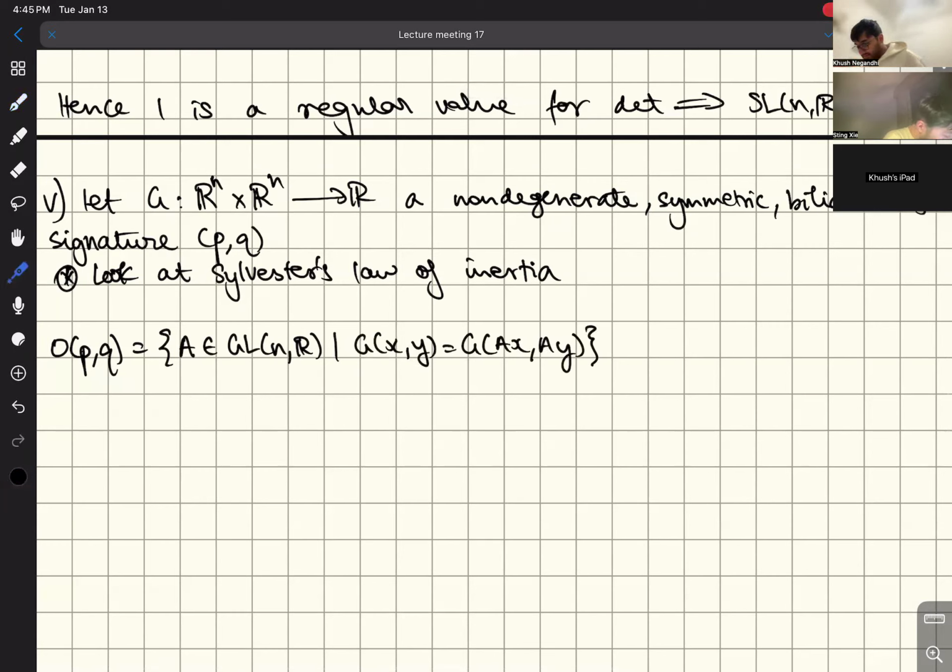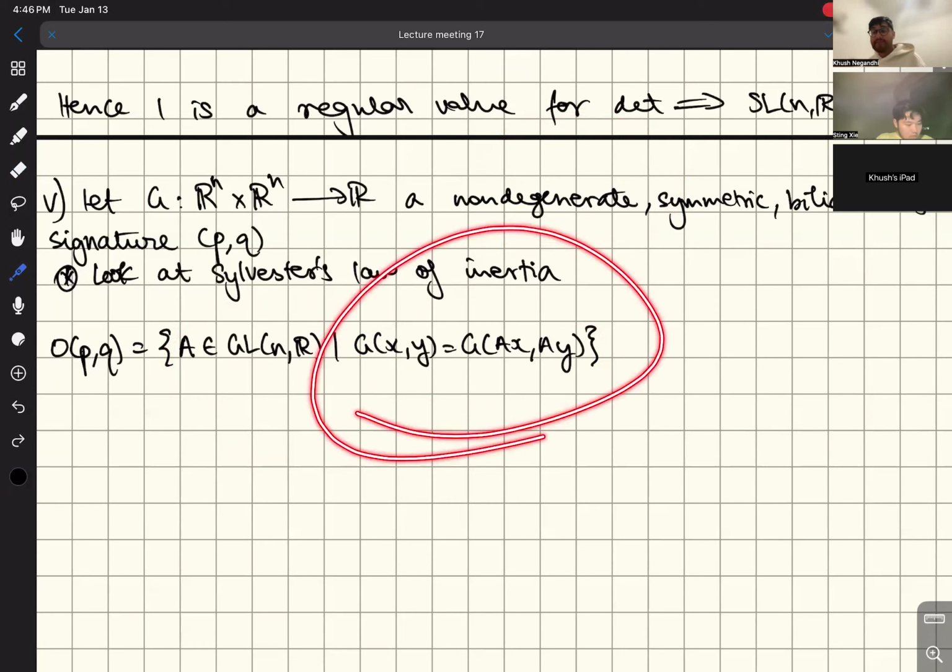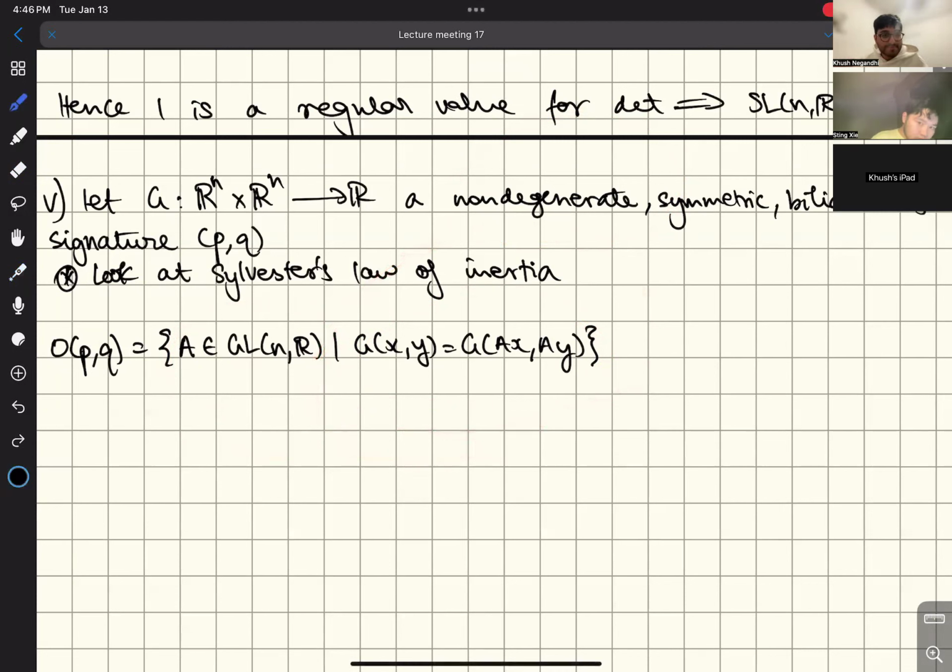You can see from this definition alone that the condition that A be in GL(n,R) is not needed. If A was non-invertible, something would get mapped to 0, and its norm would be 0, which would imply by non-degeneracy that the vector itself was 0. So if A preserves inner products, it has to be invertible.